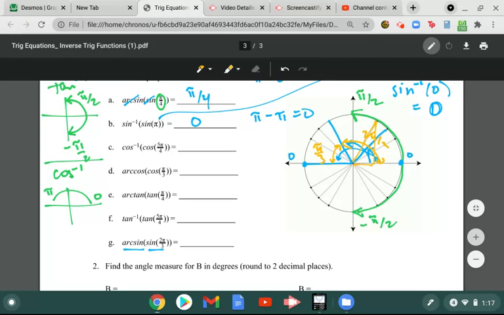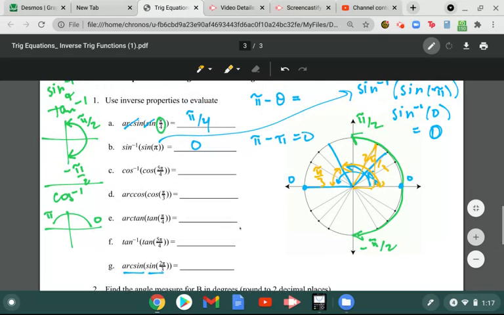So we're going to use that rule of thumb from above. We take pi and subtract 2 pi thirds. That would be 3 pi thirds minus 2 pi thirds, and we end up with pi thirds. So I'm really reflecting it across my y-axis. That's really messy, but pi thirds is my answer there.